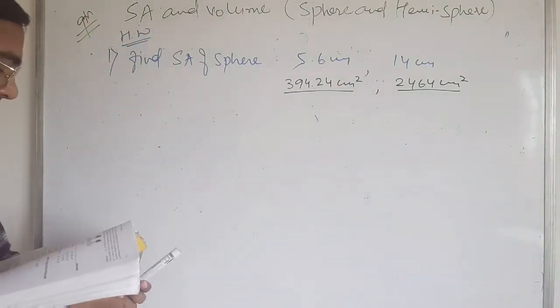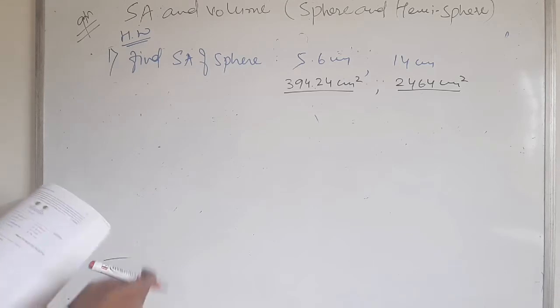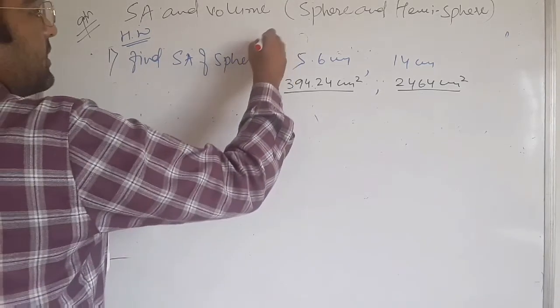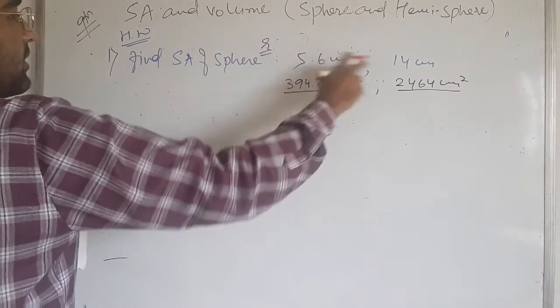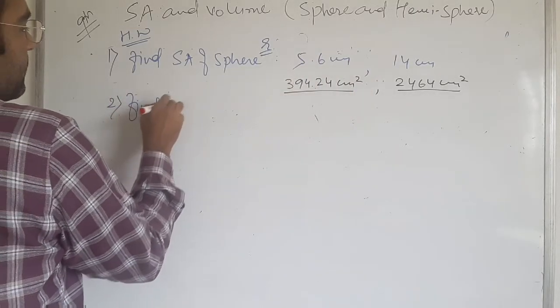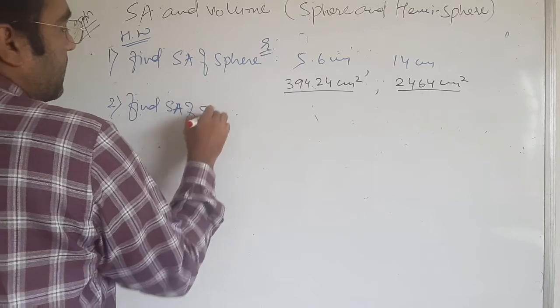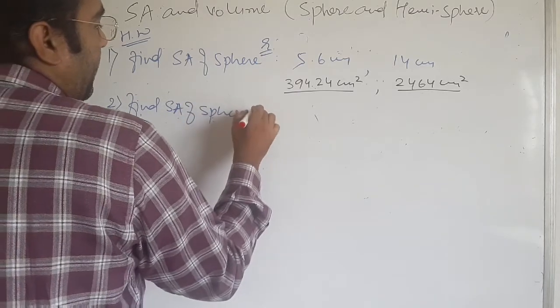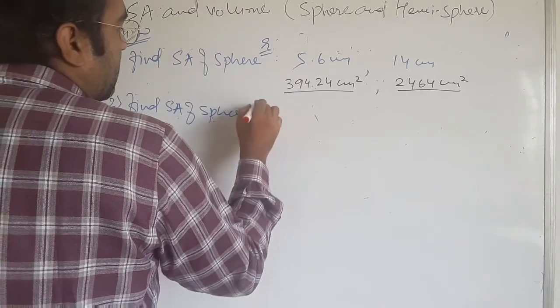The second question is to find the surface area of a sphere, and here the diameter is given.